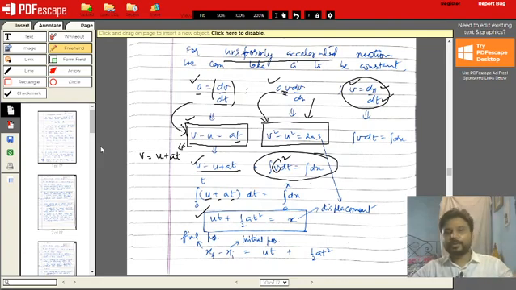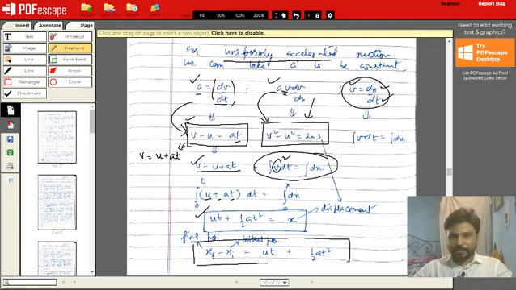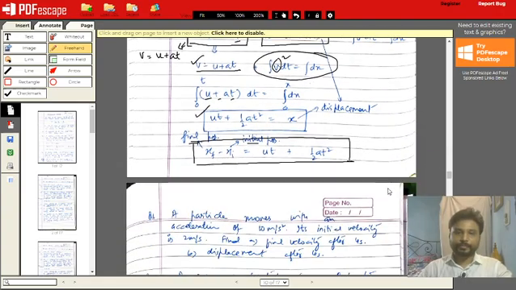We did that just for learning definite integration, but the expressions would be used in uniformly accelerated motion. Again, let us look at this expression: xf, the final position, minus some initial position, is equal to ut plus half at square. This is what we are trying to obtain.